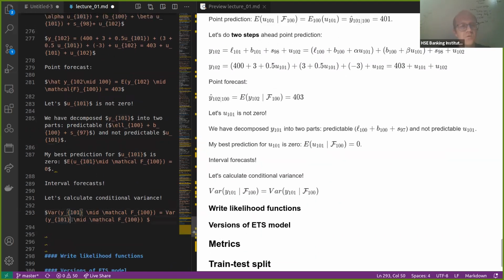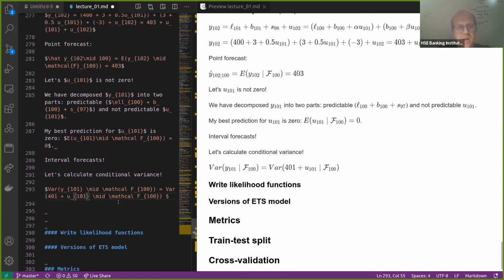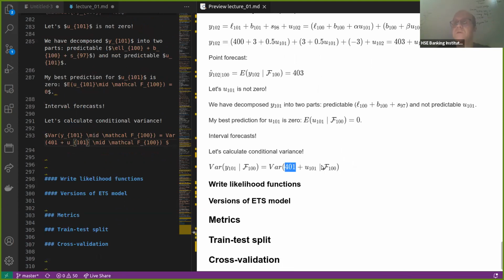We have decomposed the future y into two parts, 401 plus U101. The first part is completely known. Given my information, I can just plug in that part of the future y.